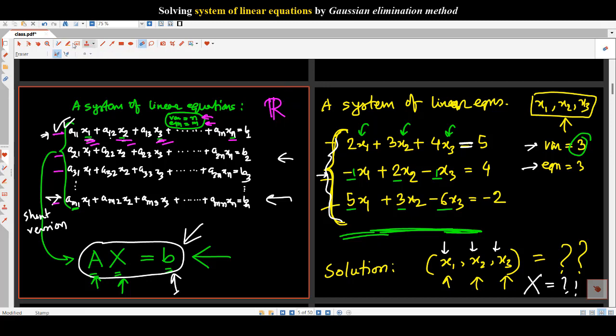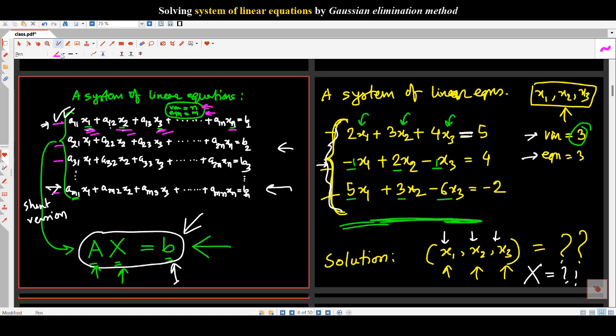That is in n dimension. Okay, so although we cannot draw, but we can analyze with mathematical concept.